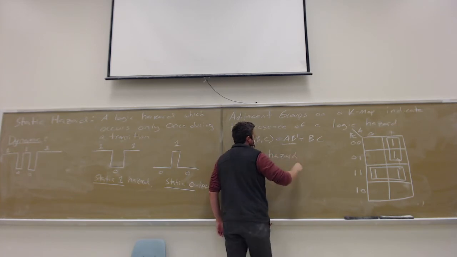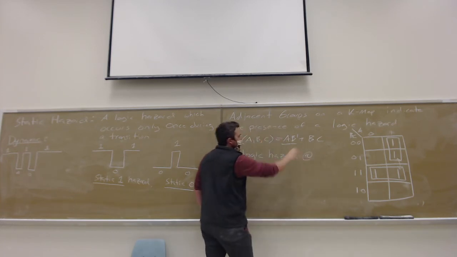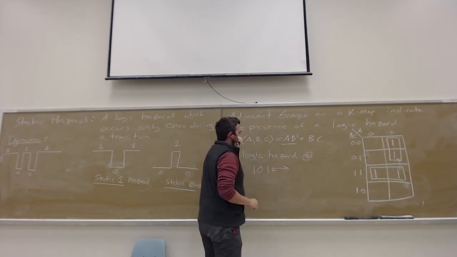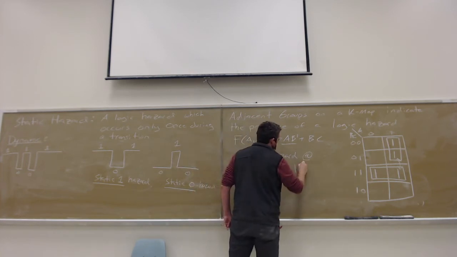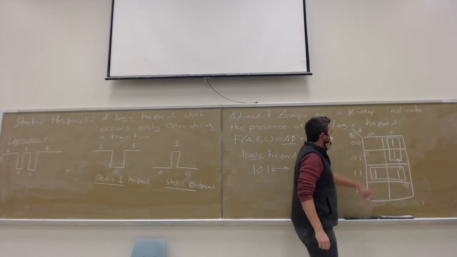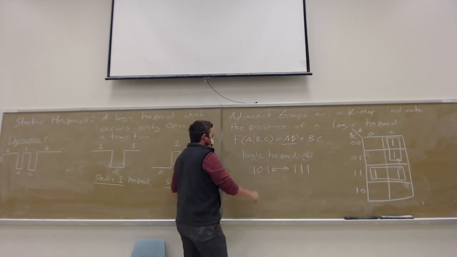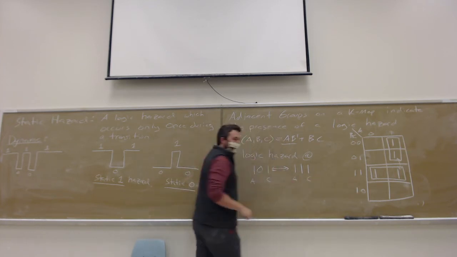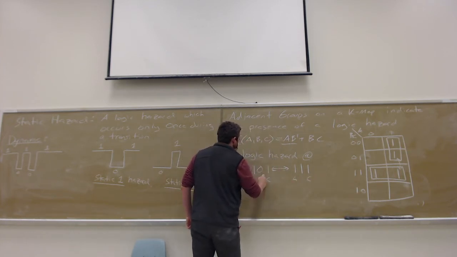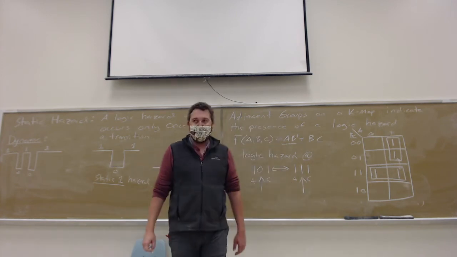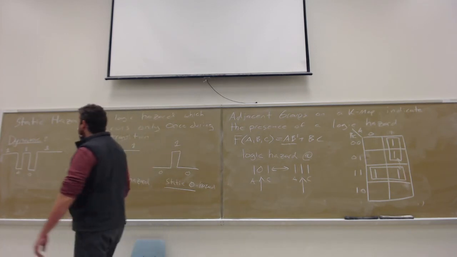And a lot of times we'll have more than one at the transition point between 1, 0, 1 and 1, 1, 1, right? So when A and C are both equal to 1, and when B toggles between 0 and 1, a logic hazard will occur, which is exactly what we saw.